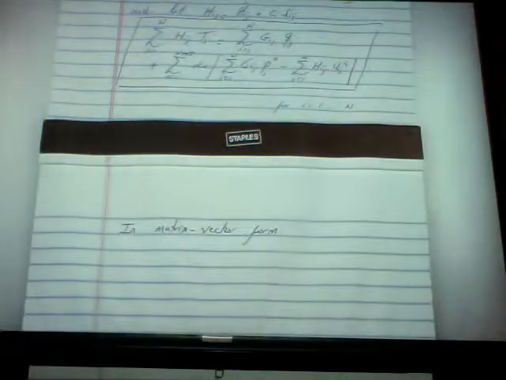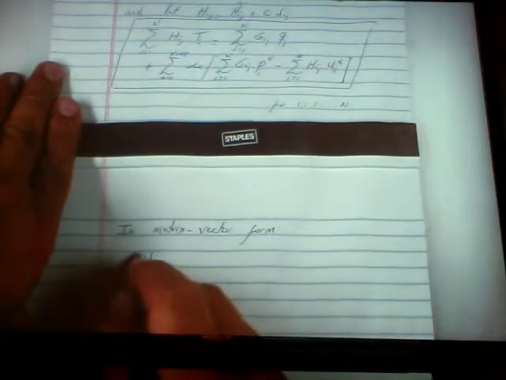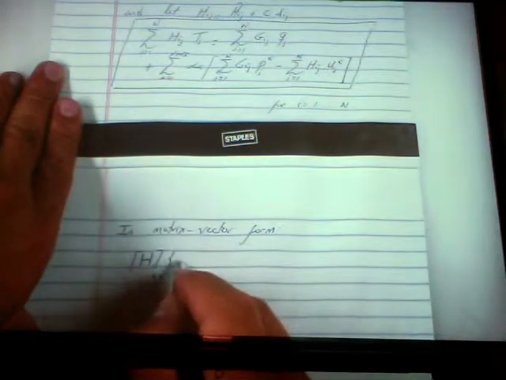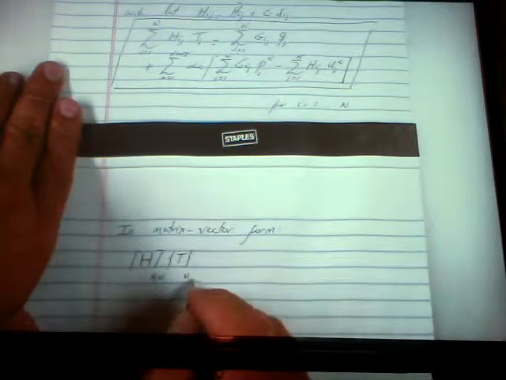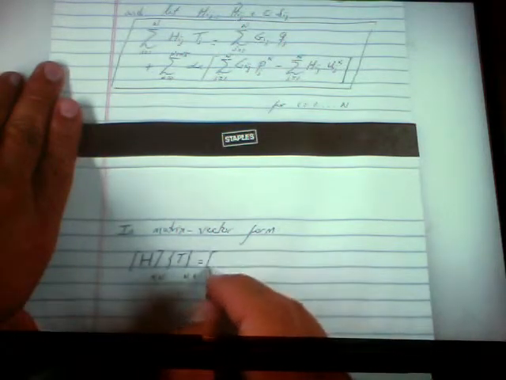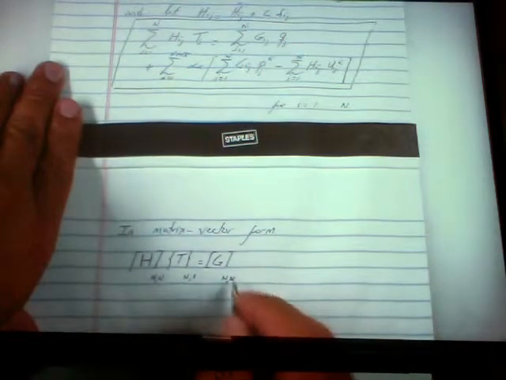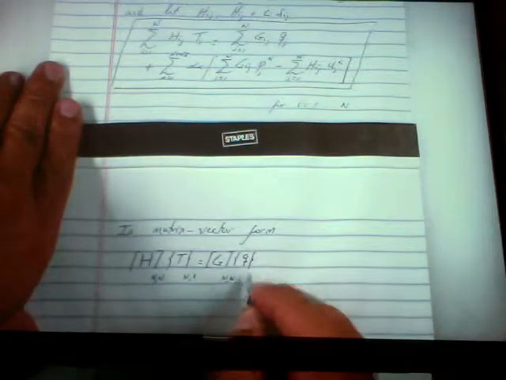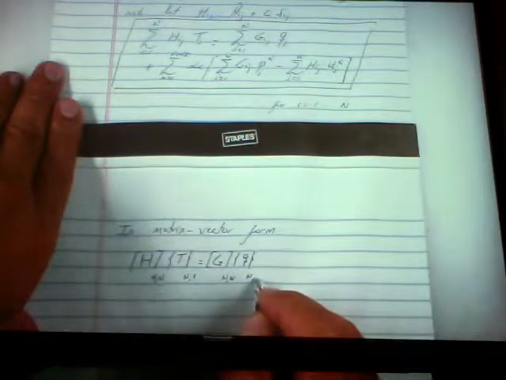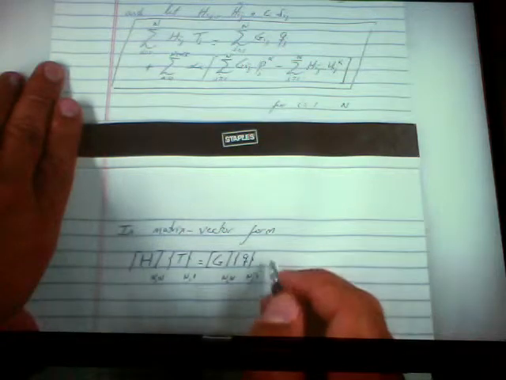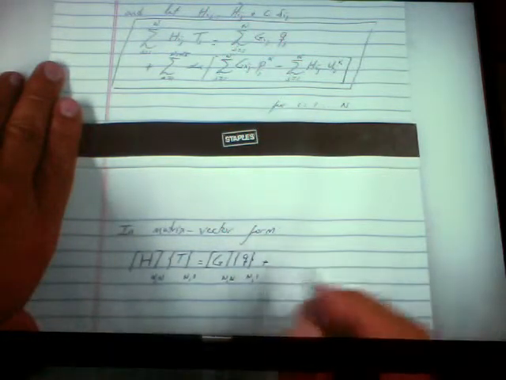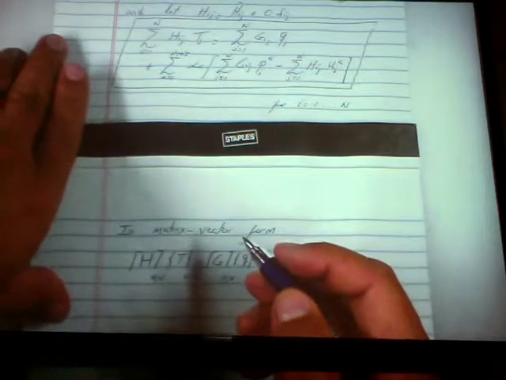Now this in matrix vector form, we have H, which is of size n, comma, n, times T, which is size n, comma 1, is equal to G, which is size n, comma n, times Q, which is size n, comma 1, plus, and I am going to send this over to the right hand side.